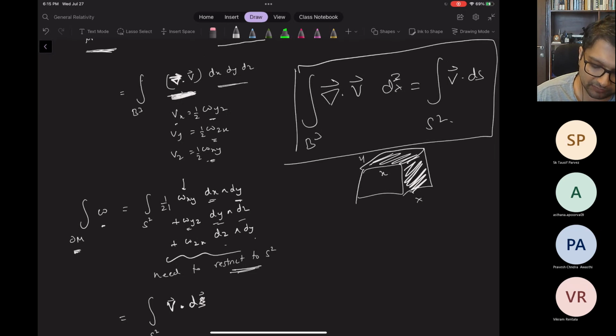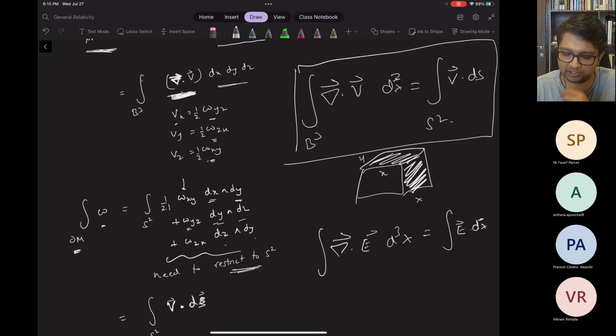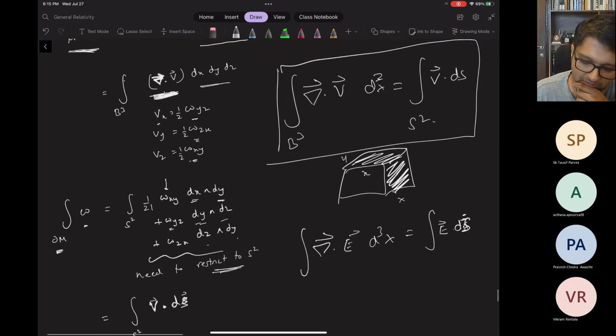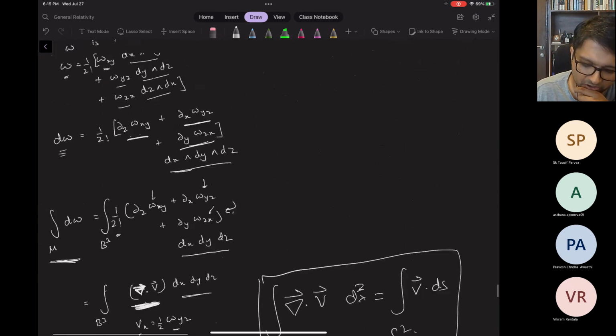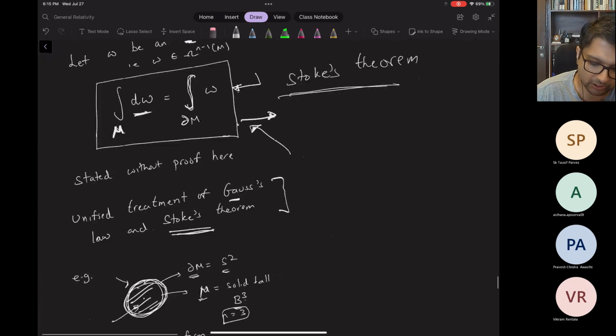For example, the divergence of the electric field over a volume is equal to the electric field integrated over the boundary, and that's how you find, for a point charge, that the electric field goes as 1 over 4 pi r squared in 3 dimensions. So you get Gauss's law out of this generalized rule.